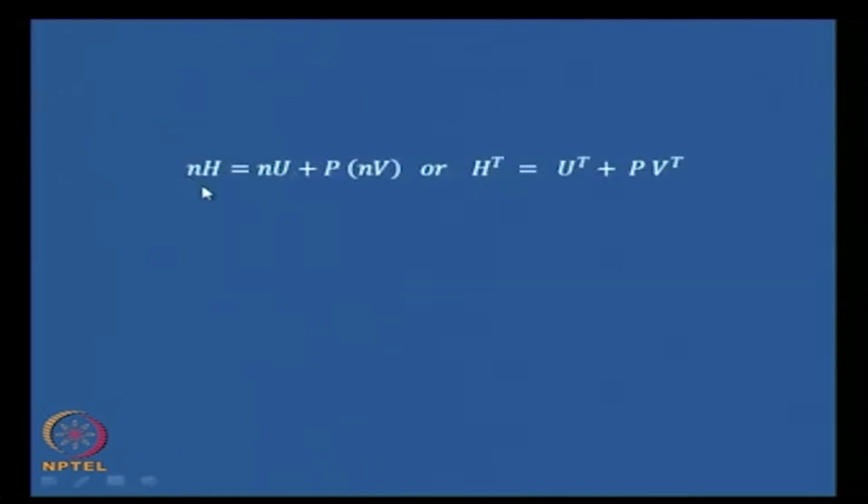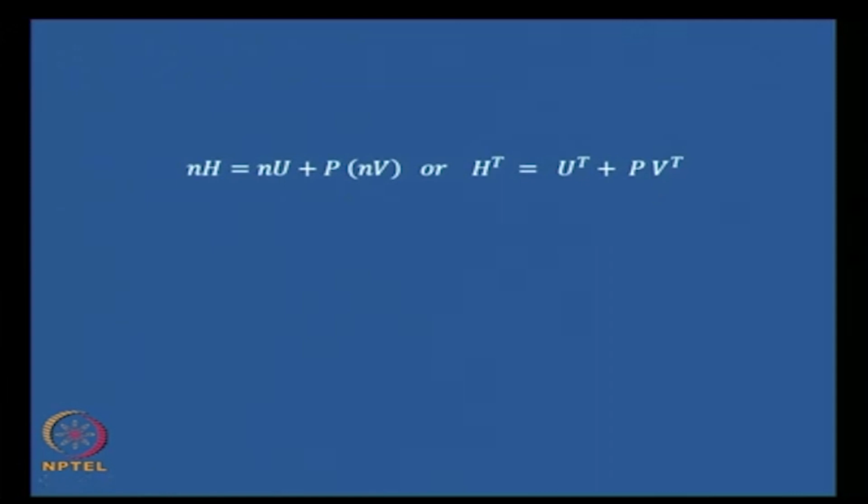Therefore, we can write nH, total enthalpy, equals nU plus P nV. Remember, H equals U plus PV, and this is for n moles of a pure component. Since we are using H superscript t to represent nH, U superscript t to represent nU, and P times V superscript t, note that P is an intrinsic quantity.